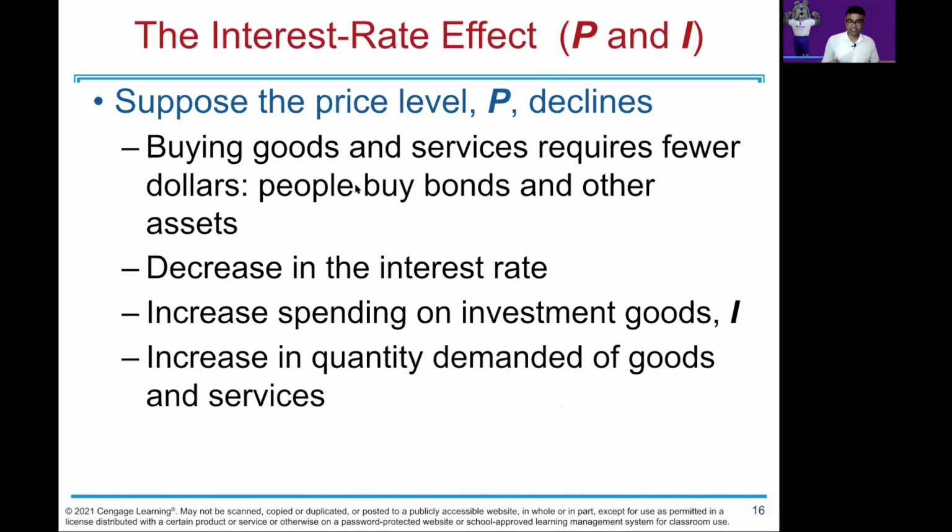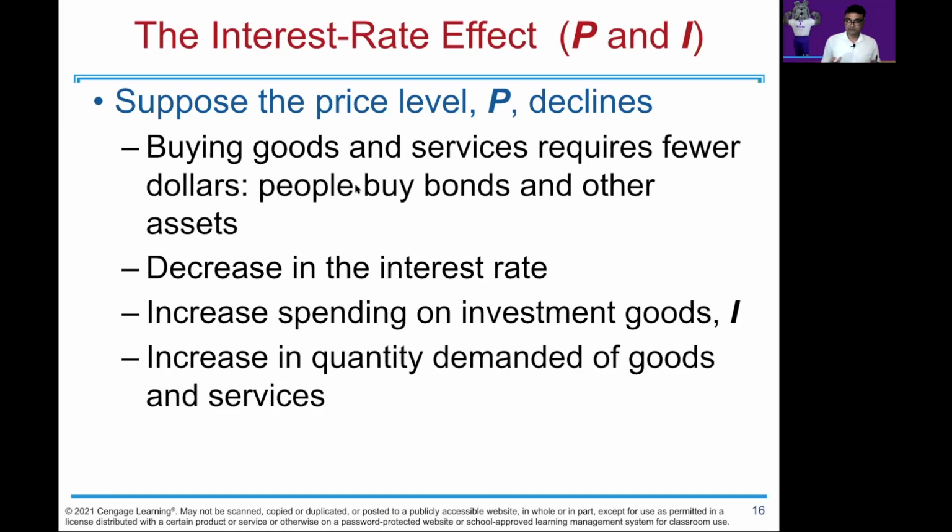That is, if price declines, whatever you want to buy, you need less money now. So what will you do with this extra money you have now? You will buy bonds and other assets, and ultimately it will decrease the interest rate.